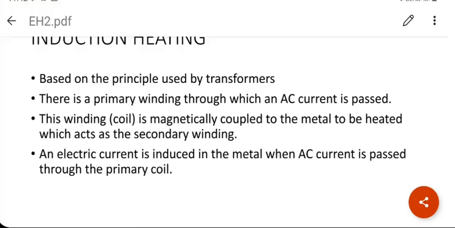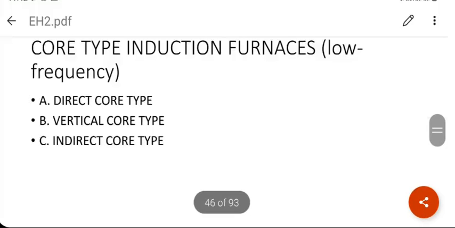So an electric current is induced in the metal when AC current is passed through the primary coil, and that is how heat is produced in the conductor. I know there's a lot of detail here, but at least the concept must be clear enough. Even if you don't understand all the practical construction details, fine.